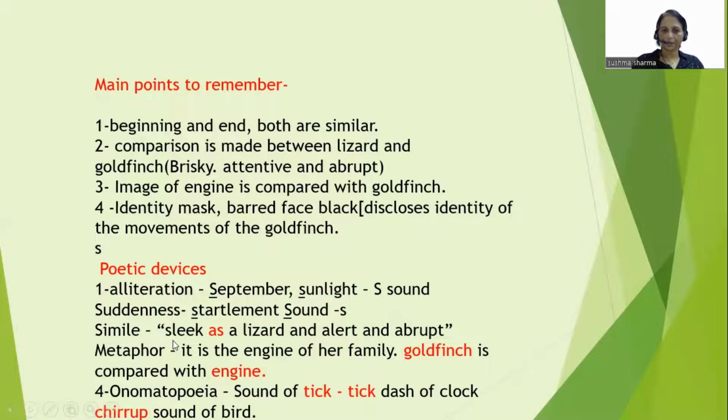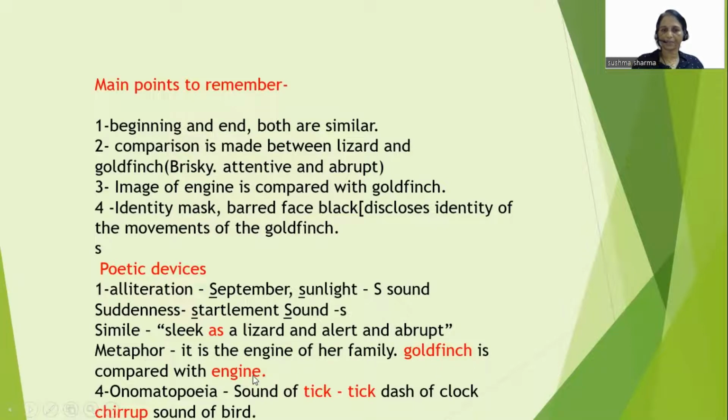Simile. When the poet compares two things with 'as' or 'like', then it becomes an example of simile. Sleek as a lizard. So the bird goldfinch is compared with the lizard. Both are different things. So here is an example of simile. Next, metaphor. It is the engine of our family.